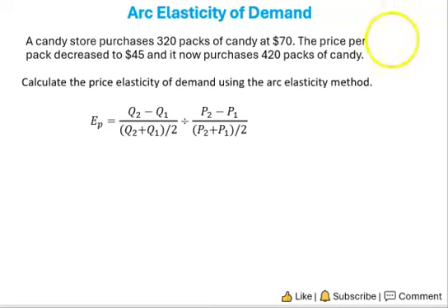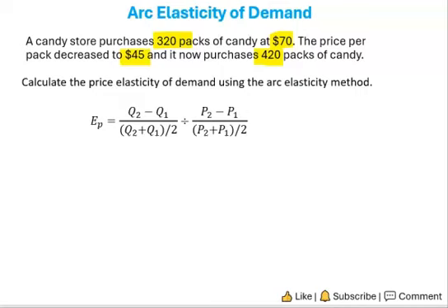A candy store purchases 320 packs of candy at $70. The price per pack decreases to $45, and the candy store now purchases 420 packs of candy. Calculate the price elasticity of demand using the Arc Elasticity method.